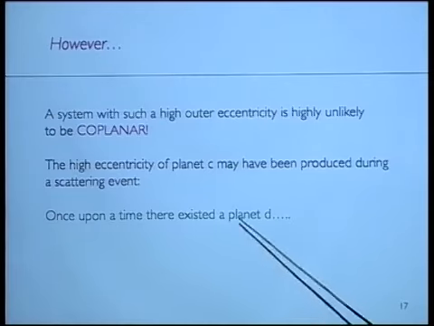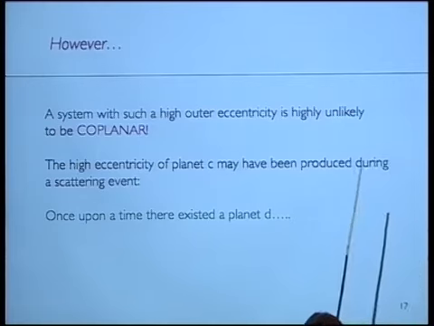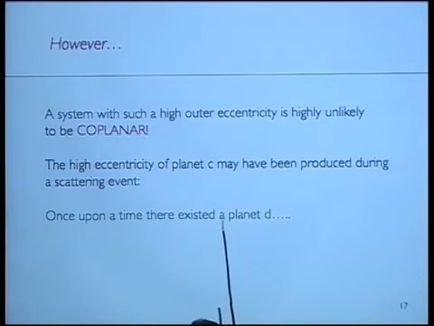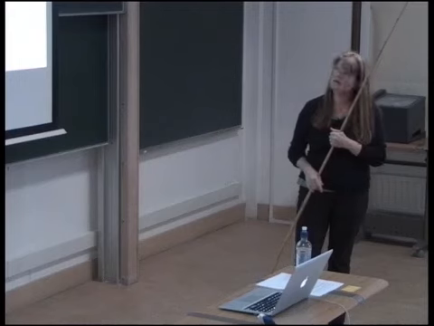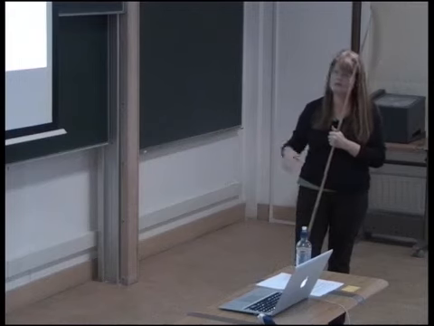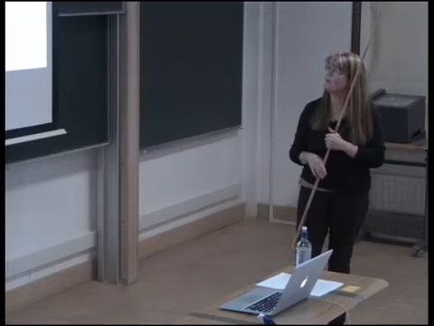So I'm first of all going to show you a couple of models of the possible origin of this system, assuming, sure, nature may have many ways to produce a thing like this, but anyway, I'm going to assume that there once was a third planet that scattered off the outermost planet, the one we see today, and left the system in the state we find it now.